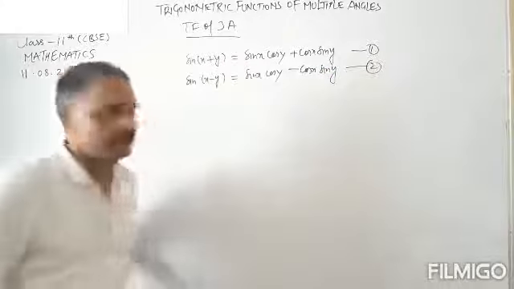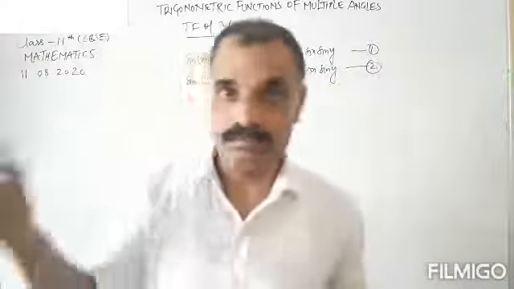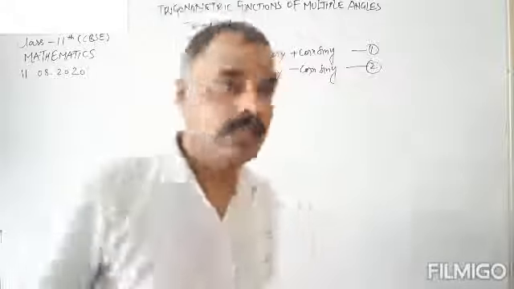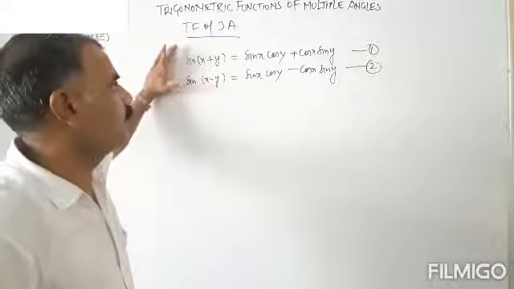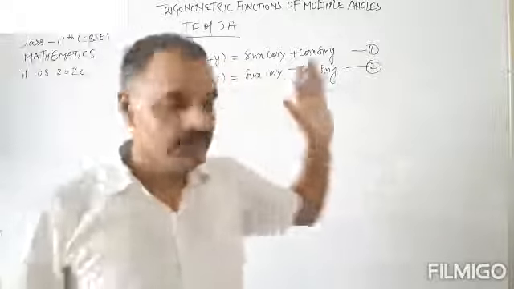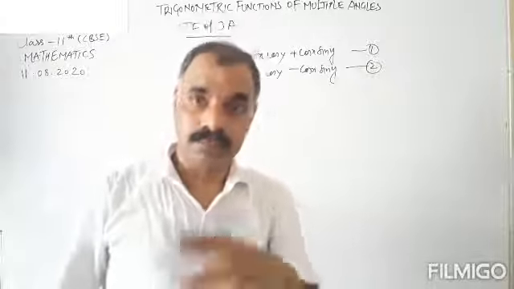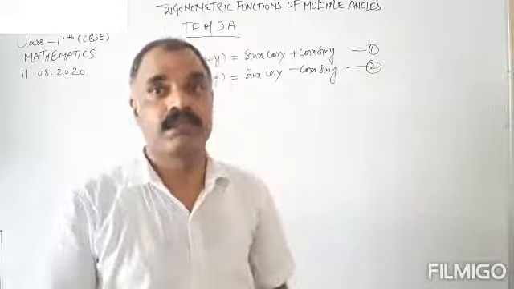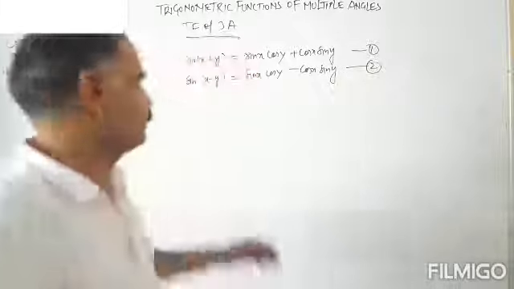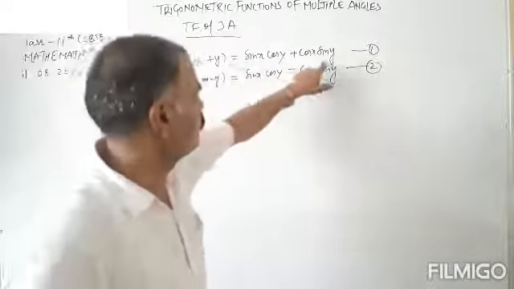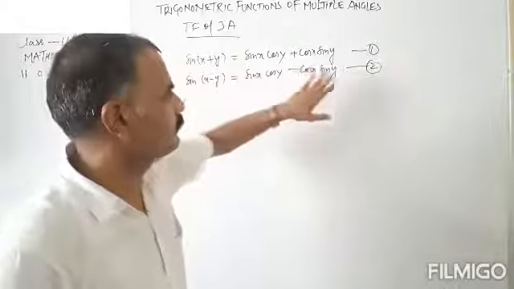Equation number second. Any problem? I think no problem. You know these two identities from the very beginning of this chapter, of this video also. Sin x plus y equals this and sin x minus y equals this.